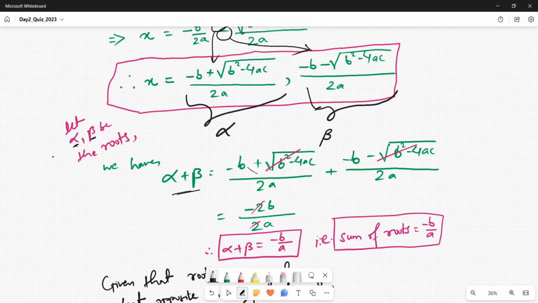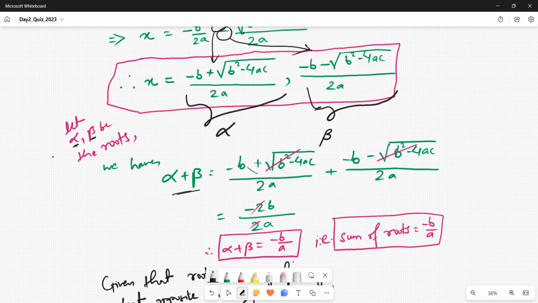You can see that these two have the same value but negative signs, so the square root terms get cancelled from both. Then we are left with only minus 2b by 2a, and the 2 again gets cancelled. Then we have sum of roots equal to minus b by a.